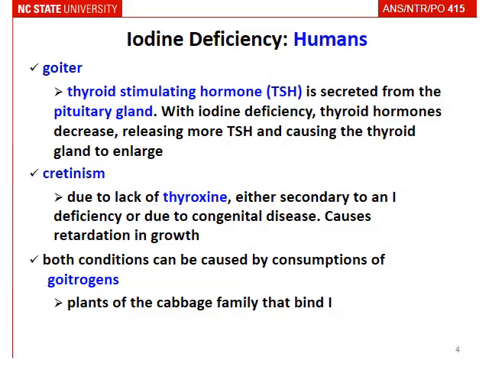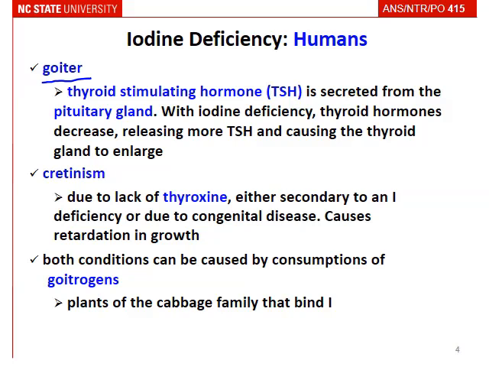Now, the primary deficiency that you're going to encounter when you are deficient in iodine is goiter. This looks like a big softball on the side of the neck of an individual that is iodine deficient. So we have thyroid stimulating hormone.